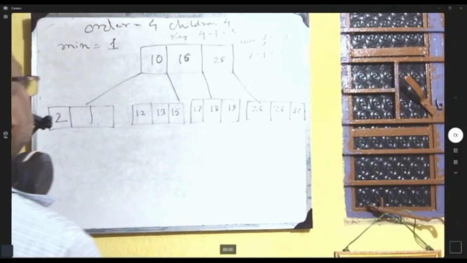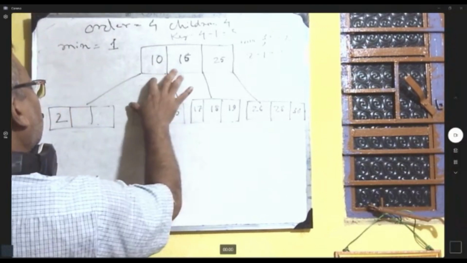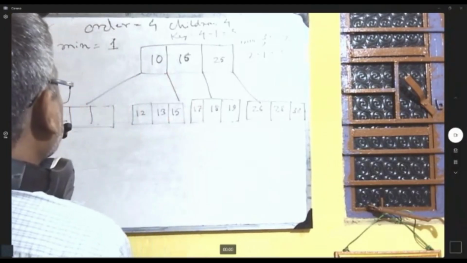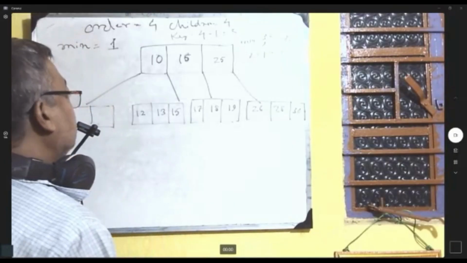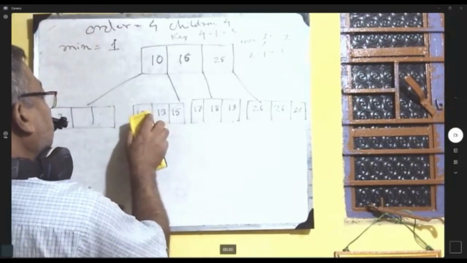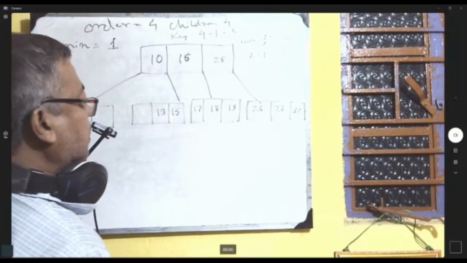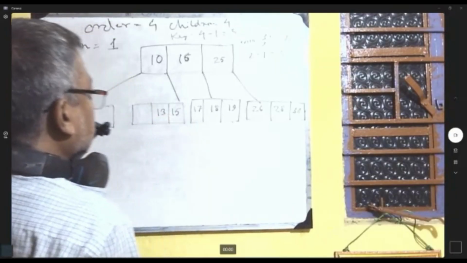Now I want to delete key number 12. This is the second right node of key 10. This key 12 we can delete because it is also supporting the minimum key condition. Minimum key required is 1 and it is showing 3 keys, so it is possible to delete.